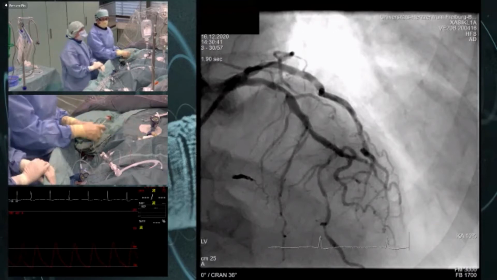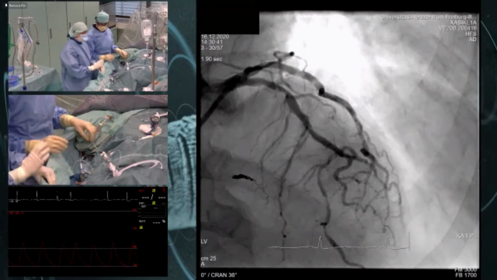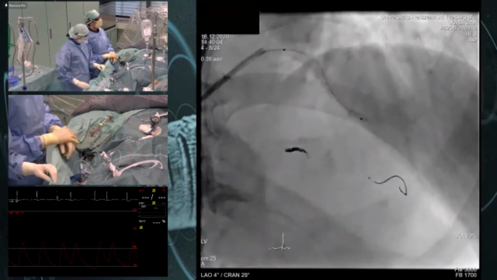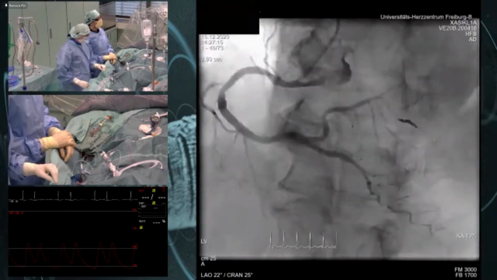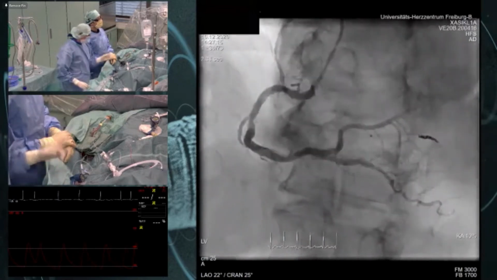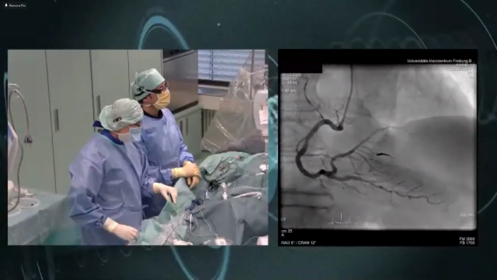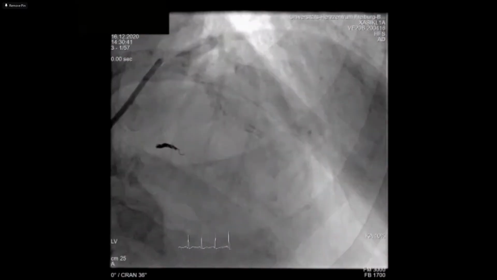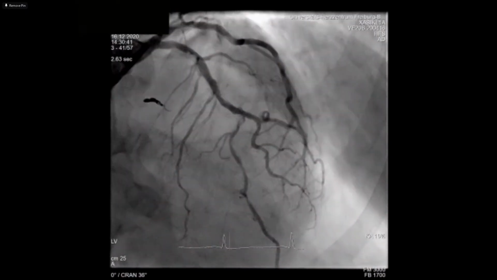Kambis, first of all, you checked the right coronary artery, and the right coronary artery is shown here. You see a wonderful result a few weeks later post PCI. Everything is very nicely stable in the right coronary artery, and this is now the picture of the LAD.